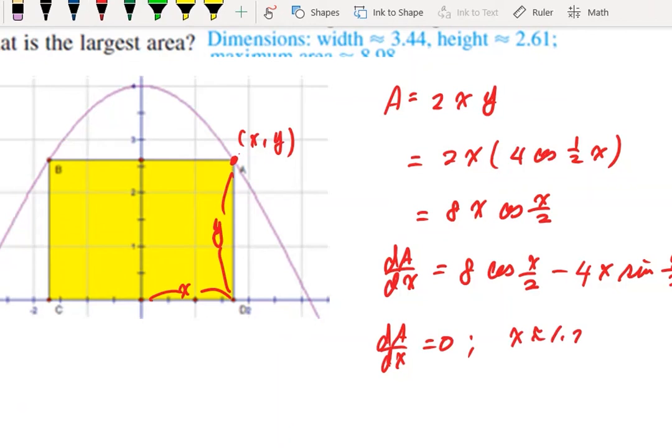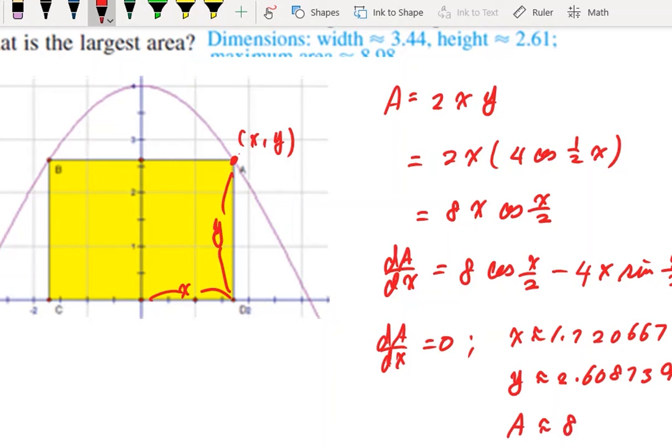Wait, let me copy it from the note. 1.720667, and then y that goes with it, of course, is 2.6088739, and the maximum area is, you notice that I'm putting 6 decimal places. This becomes your max. How about that? Good.